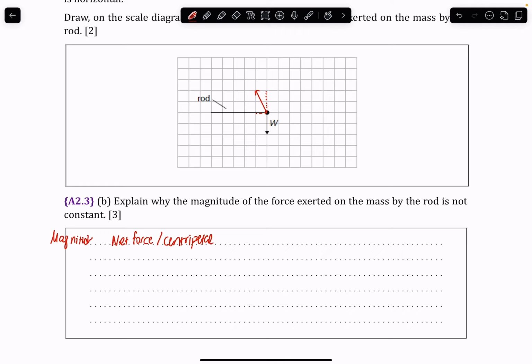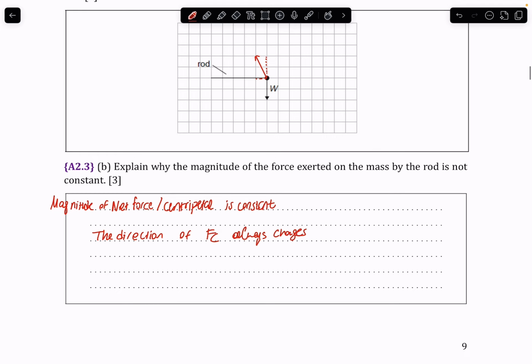But what changes, because the force exerted on the mass by the rod is the vector difference of the centripetal force and the weight, is the direction. The direction of the centripetal force always changes, and as I've said, because it's a vector difference, when its direction changes, it's ultimately not constant.